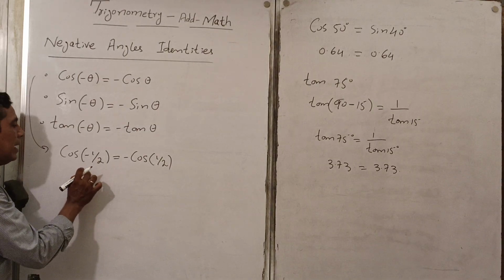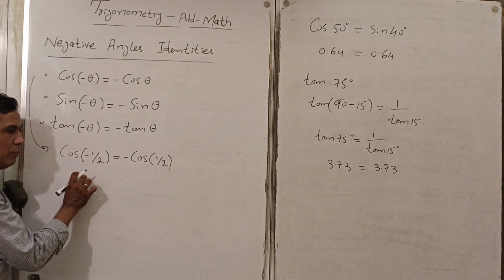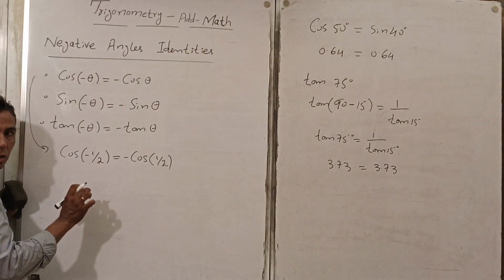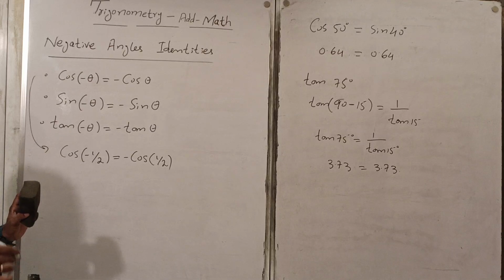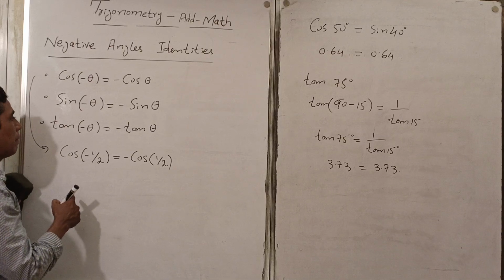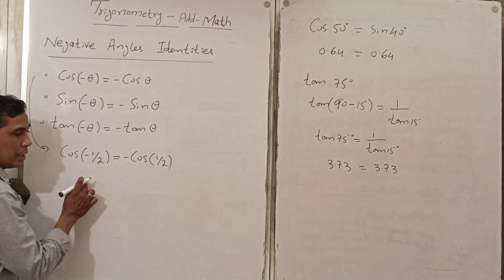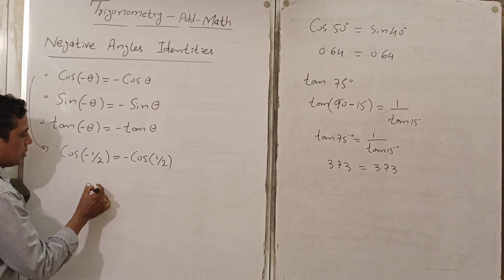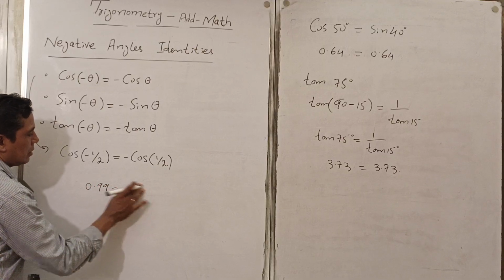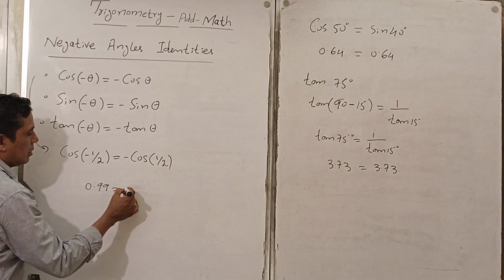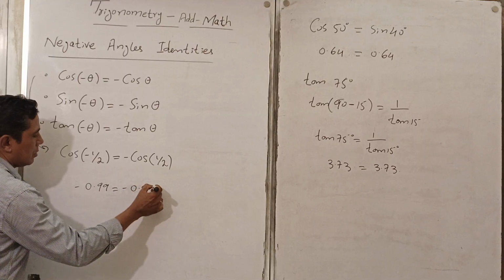Whenever you take the cos of a minus angle, first consider it positive, then calculate the value of the answer. This applies in every negative case. So the answer is 0.99 and minus 0.99.